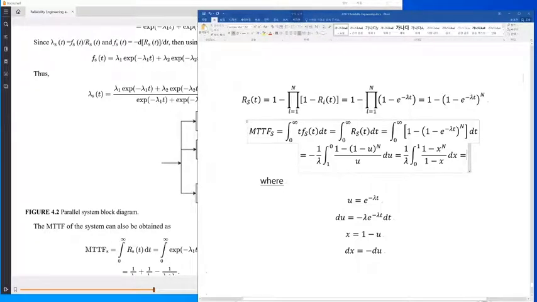So if you know what 1 minus x to the power n is, it has 1 minus x times the many terms.